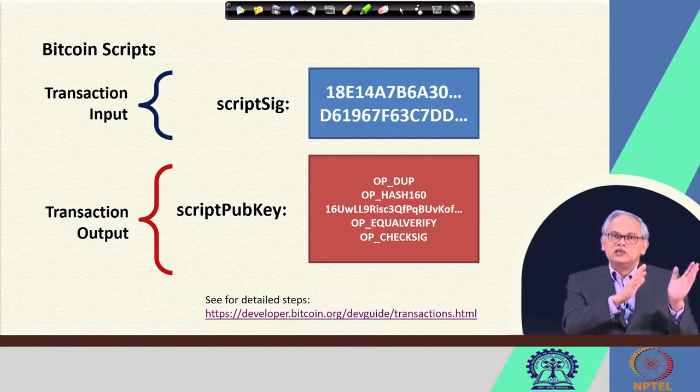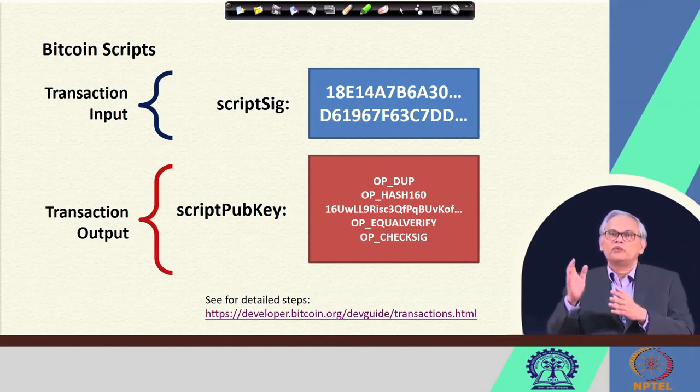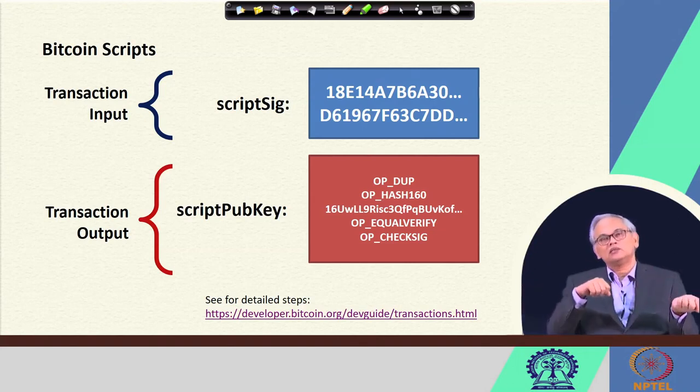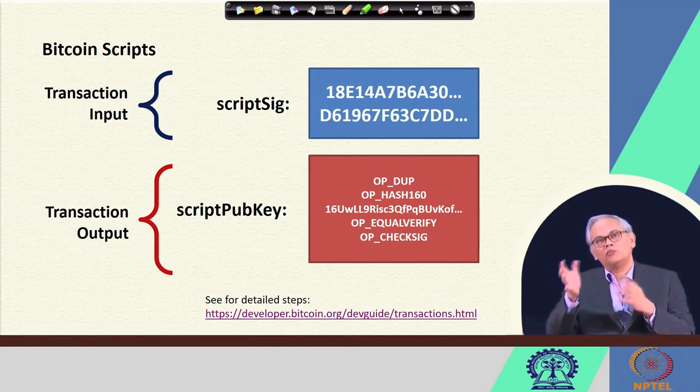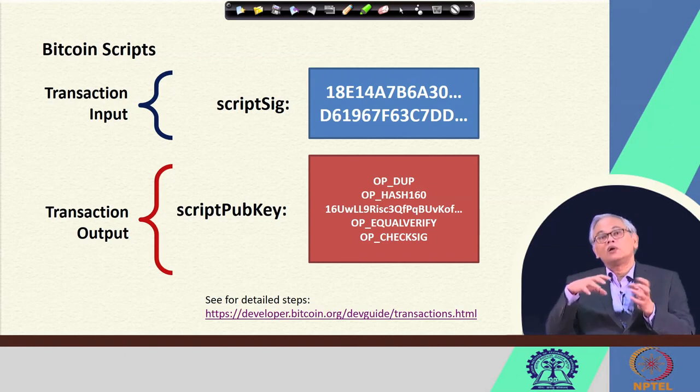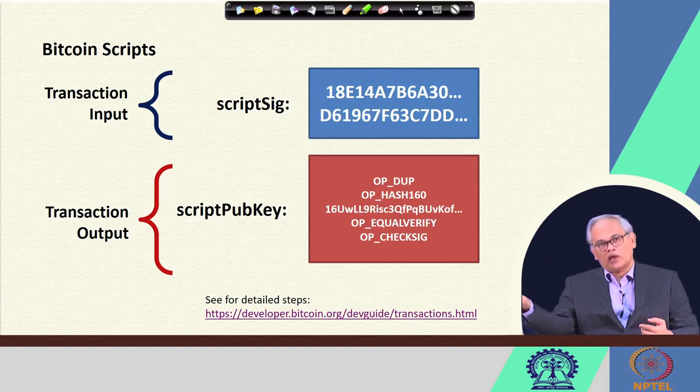Alice is sending 40 bitcoins to Bob and Bob will be sending 30 bitcoins to Carol. So, when Alice is outputting these 40 bitcoins to Bob, this script pub key would be used, and when Bob is claiming those 40 bitcoins in order to make a payment to Carol of say 30 bitcoins, that is when this transaction input is considered and when the script sig will actually be used.